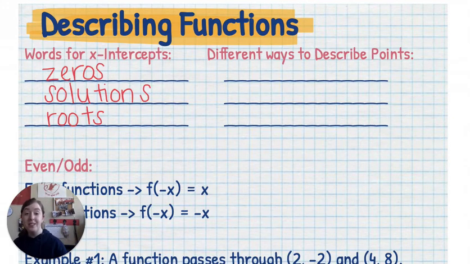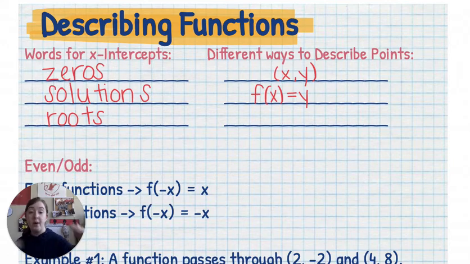Now there's several different ways to describe points as well. So the most common way to describe a point is as a coordinate, right? X comma y. Another way that they'll describe it is they'll put f of some number equals some other number. Well, remember f of means f of x, so that's my x value, and then whatever my f of x is equal to is my y.